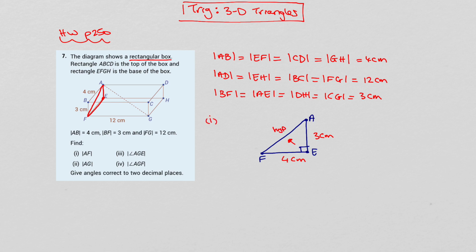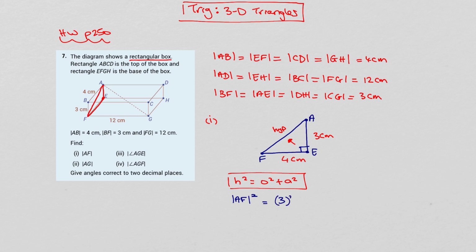So all we need to do here for part 1 is use Pythagoras' theorem. And subbing in our values, well, h squared is the hypotenuse squared, which in other words is AF. And that's equal to the opposite squared plus the adjacent squared.